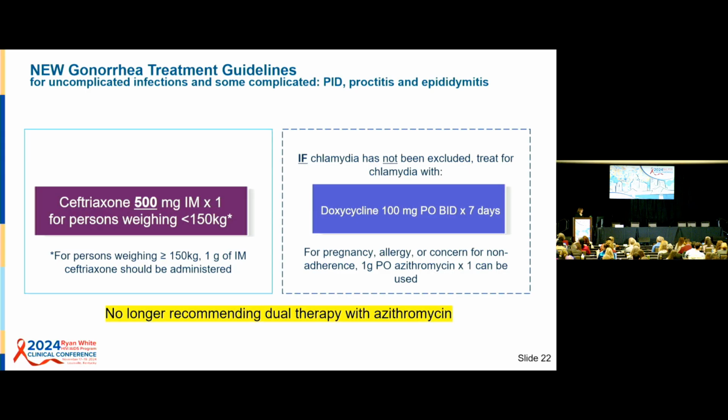If you have not excluded chlamydia, you can also treat for chlamydia, as we discussed. We're no longer recommending dual therapy, and we'll talk a little bit more about why that is at this point, but that was a significant change to the guidelines.